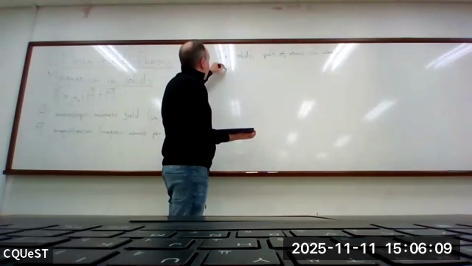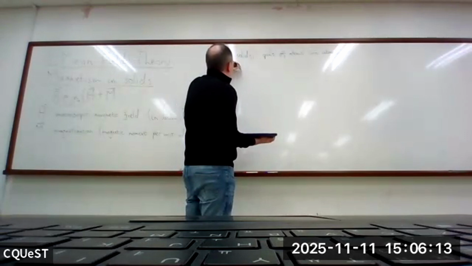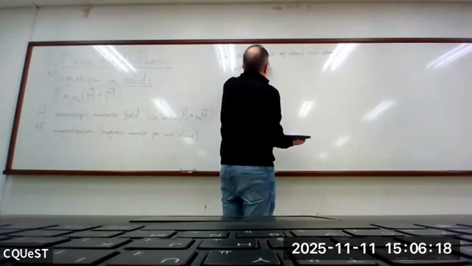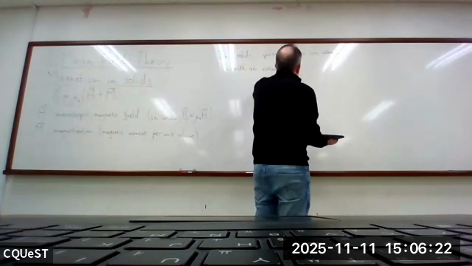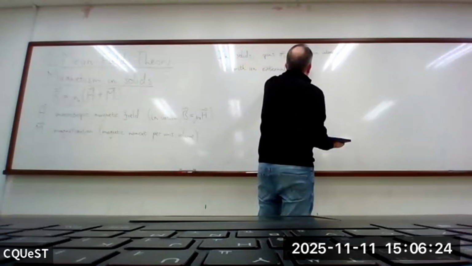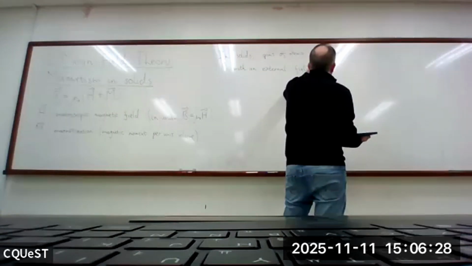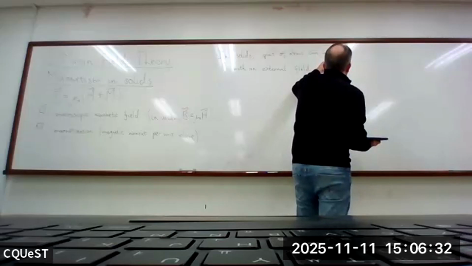One way is that they can interact with an external field, which is the case in, for example, paramagnetism.